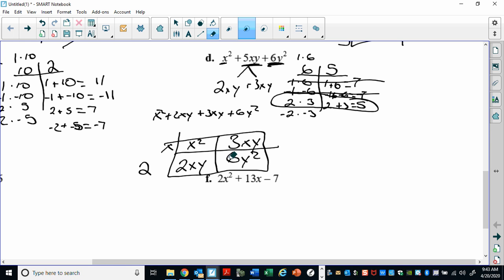We can also take out a what? A y. There's a y on each of these, so 2y would come out. We can take out an x here, and what can we take out of here? Well, 3 and 6, I can take out a 3, and I can take out a y. So your answer is x plus 2y times x plus 3y.